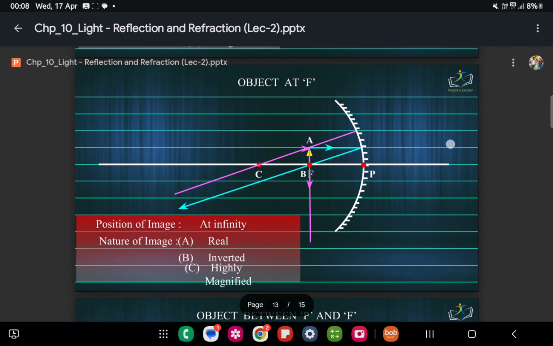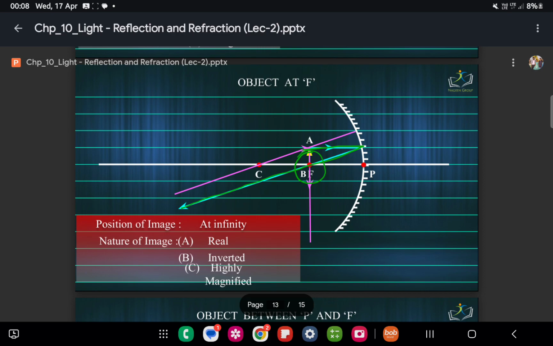Next we are going to the next case, object at F. If we keep an object exactly on the focus, the rays of light will pass through F only, but we will not get the image at a finite distance. We get the image highly magnified, enlarged, too far away, at infinite distance.